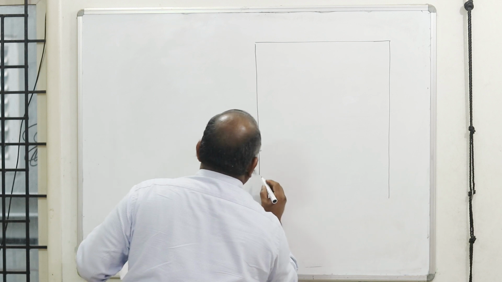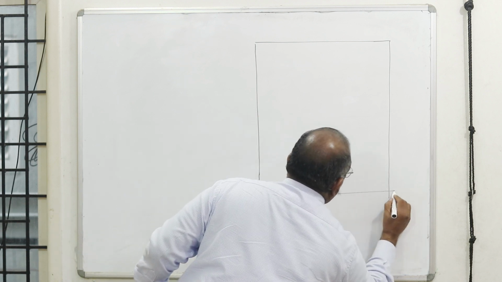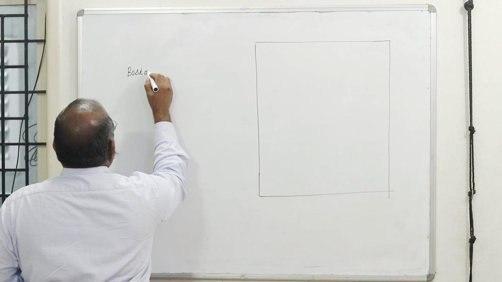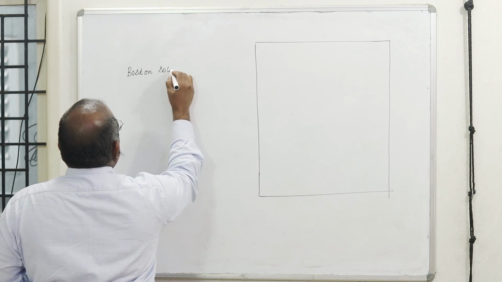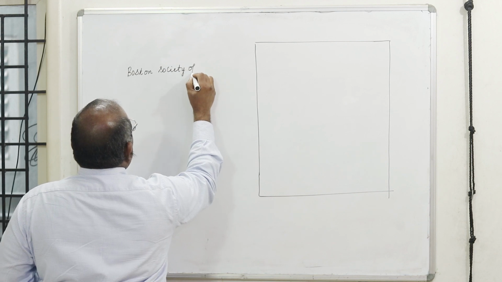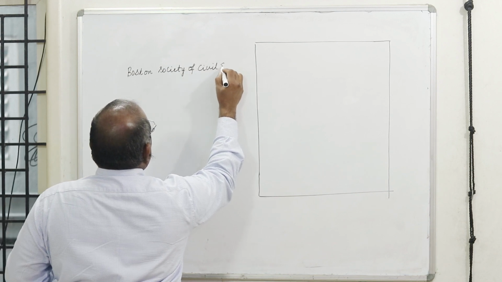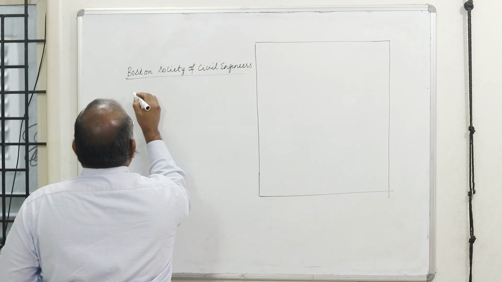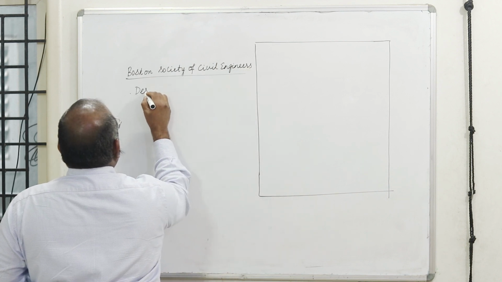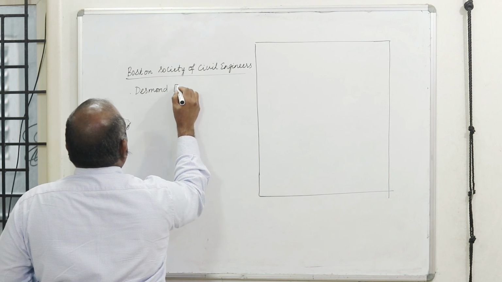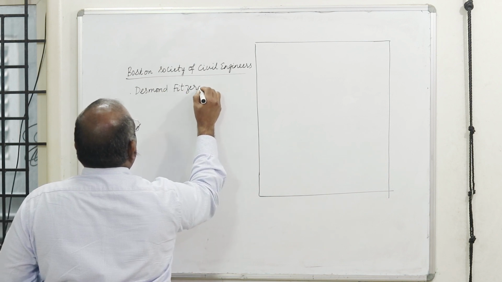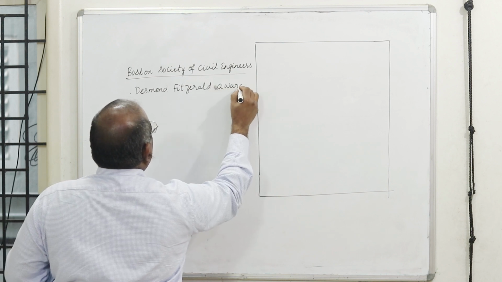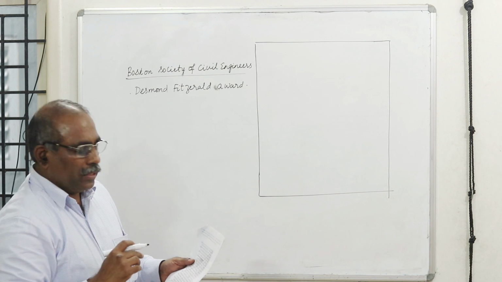The Boston Society of Civil Engineers in America gave him the Desmond Fitzgerald Award for his paper on this stability chart.